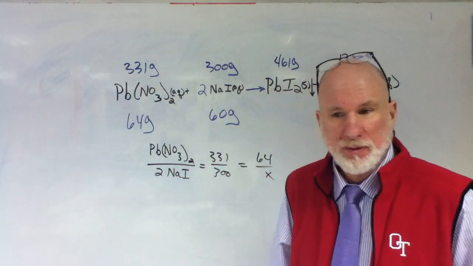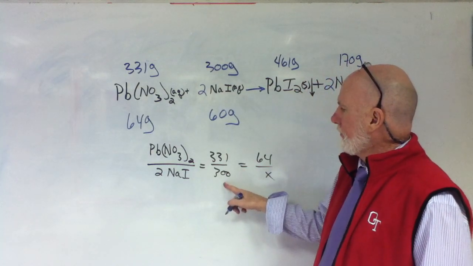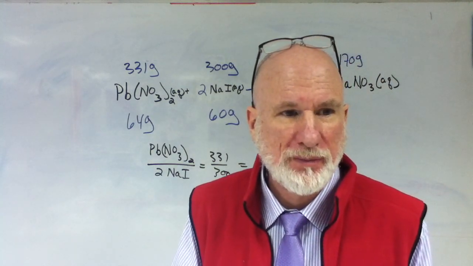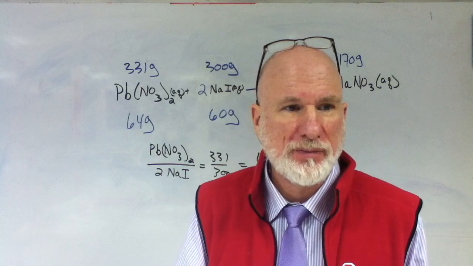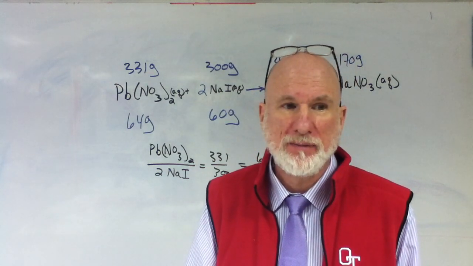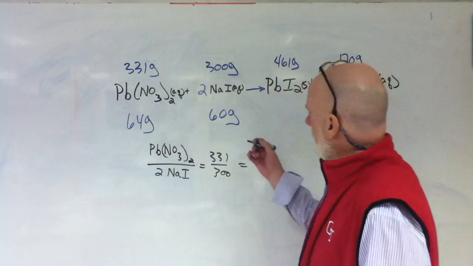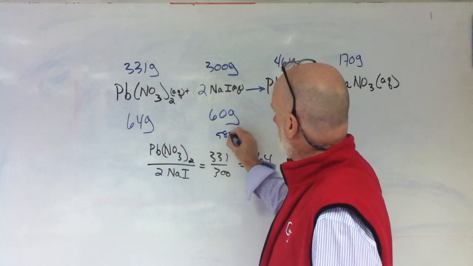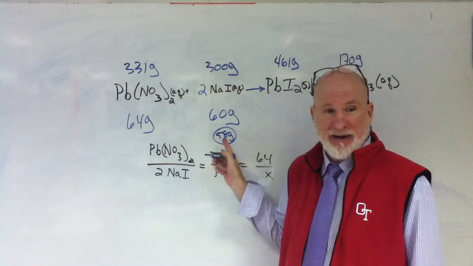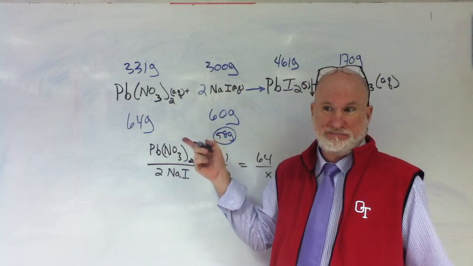What is 64 times 300 divided by 331? 58. Just 58.0006. So we could reasonably say it's 58. So if I burn 64, I have 58. Do I have 58? Yeah. I do.